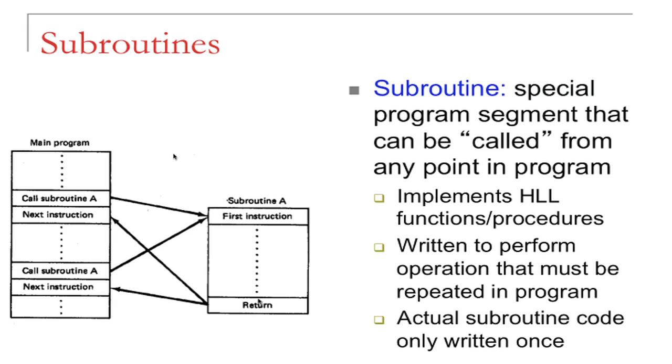But once it gets to here, remember we had jump B. And where is B? B is here. So that jump instruction will take the microprocessor back to this instruction rather than the one after our second call. So that's the problem of using a jump instruction where you only have one possible target.